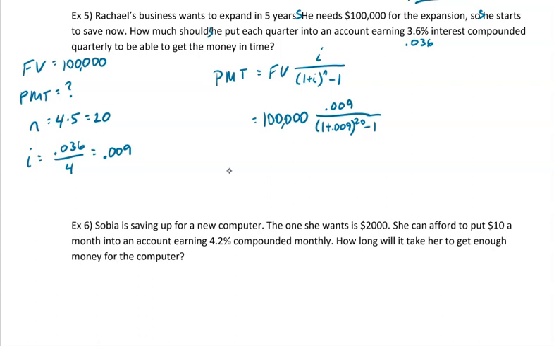And again, we're going to plug all of this into our calculator. So if we go ahead and plug all of that in, we get $4,585.90 if we round it to the nearest cent.